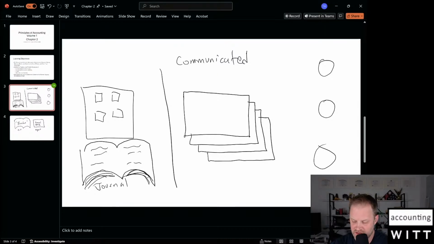So a business has activity, gets put into a journal, stuff happens, and then these financial statements are produced. And these are what stakeholders judge by.